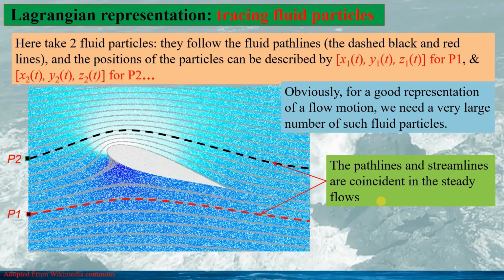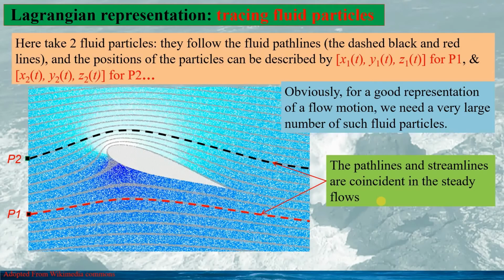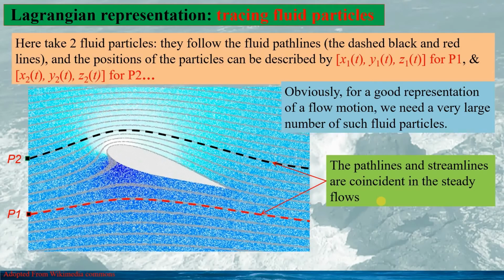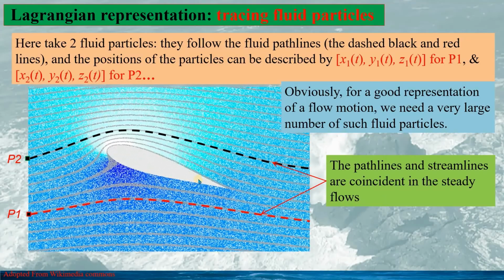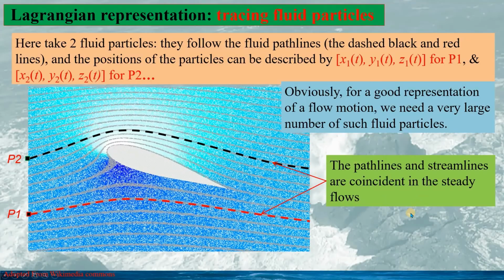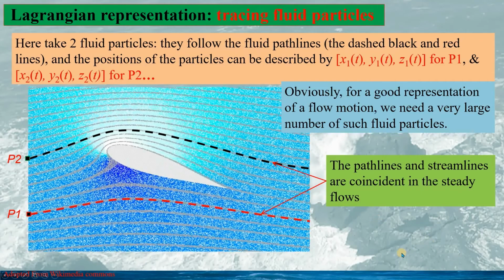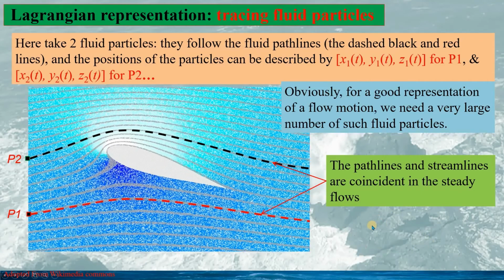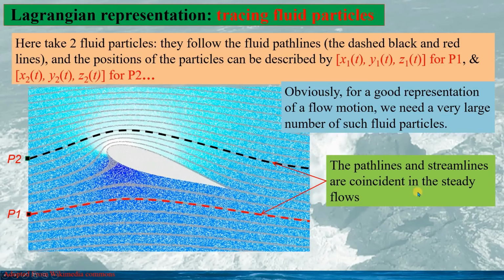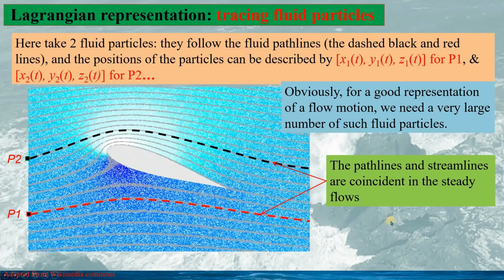Streamline is an instant line. If we take a snapshot of the fluid motion, the line would be the streamline. It's an instant line, not the time history. However, in a steady flow, the path line and the streamlines would be coincident.